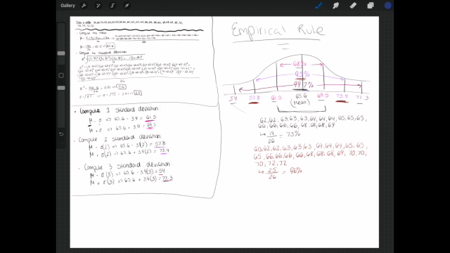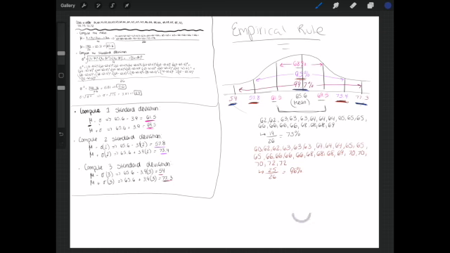And I'm going to do 99.7%. And that is the height from 54 inches to 77.3. And as you can see, our lowest number is 54, and our highest number is 72, which is between both these numbers, so it would be all the numbers.